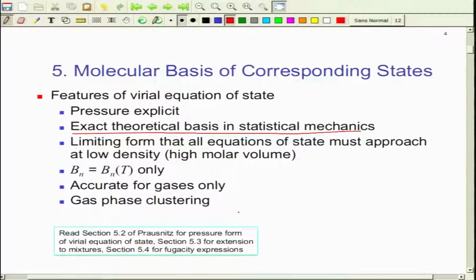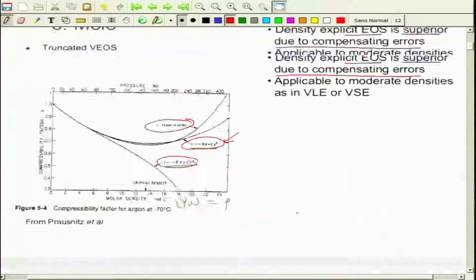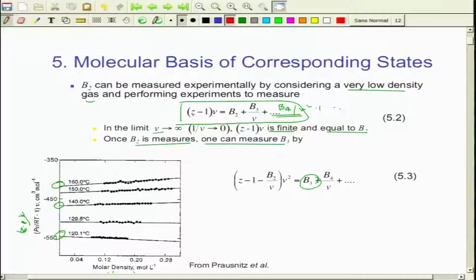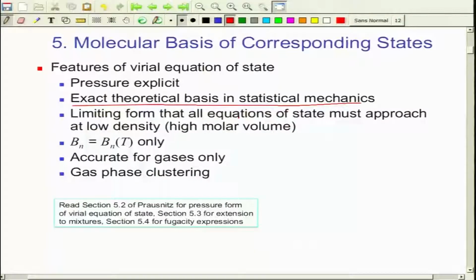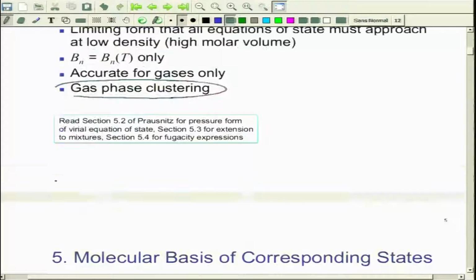When 1 by V goes to 0, the first term is exact, and all equations must approach that. The other important thing is that the virial coefficient only depends on temperature. This is very accurate for gas only, and it can address gas phase clustering by using the virial equation of state. You can try to explain that as well.